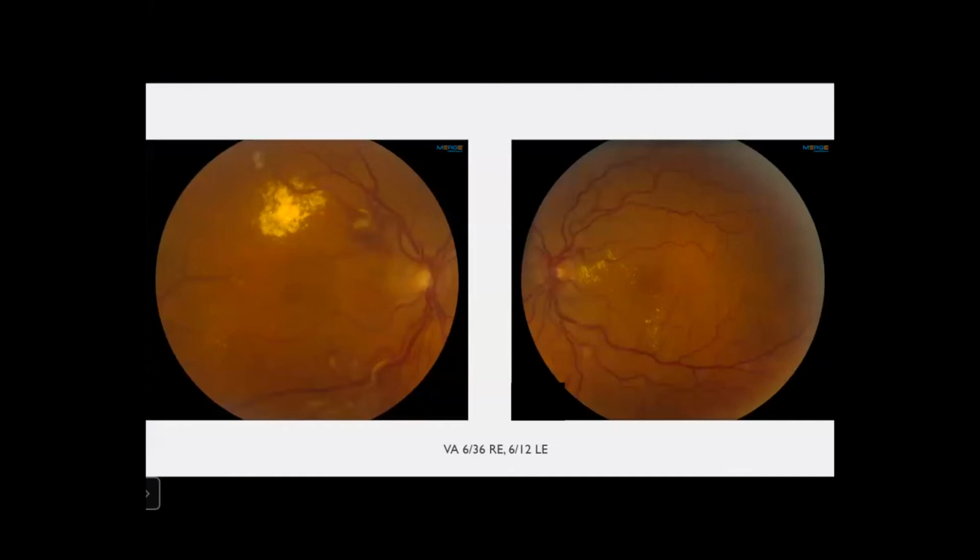These were her color fundus photographs, and unfortunately, she'd had a pre-existing RAM lesion in her right eye that was chronic, led to exudation and macular atrophy, and foveal RPE hypertrophy at the fovea, so her vision was reduced at 6/36, whilst the left eye had an infratemporal RAM lesion with some fresh macular edema, and I was keen to do something in that left eye to prevent further vision loss.